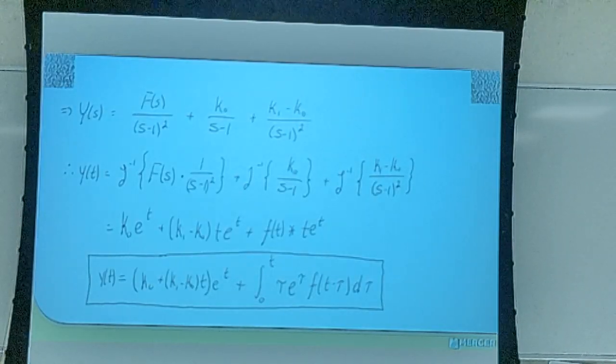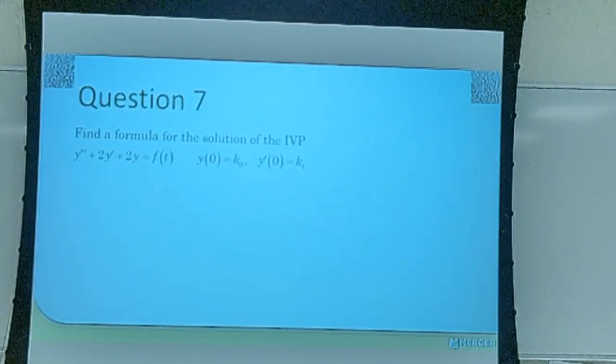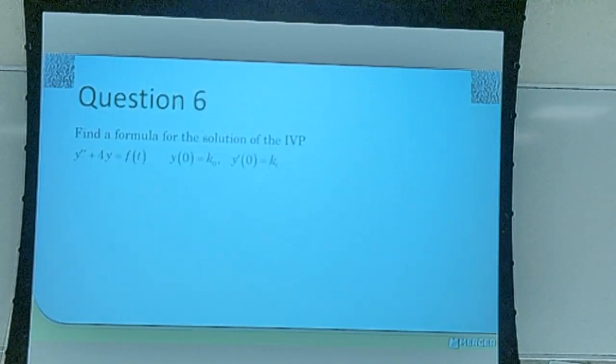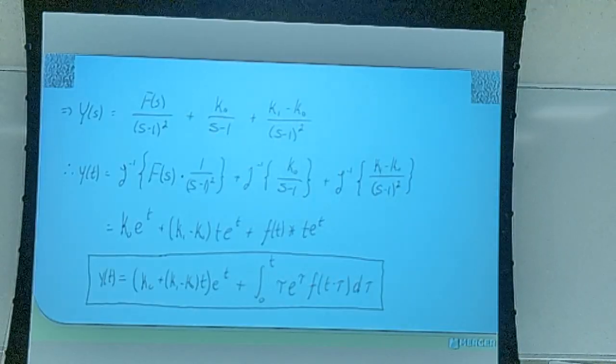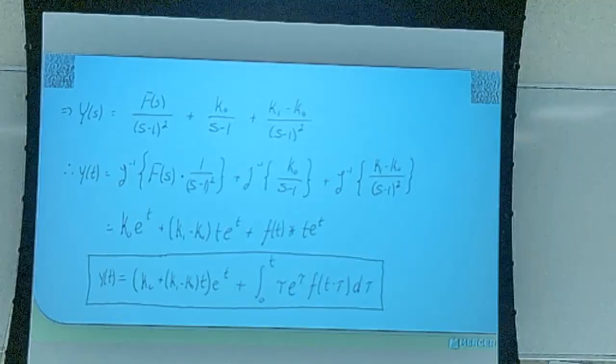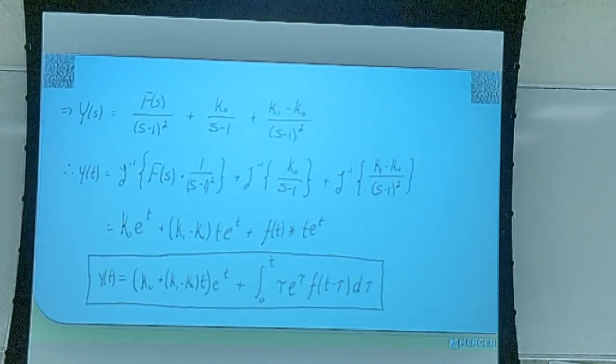The other two problems are identical, it's just the left-hand side is a bit different. But the way you go about it is exactly the same. Questions on convolution or solving initial value problems? So when do you use the definition of convolution? When you actually have to calculate convolution.